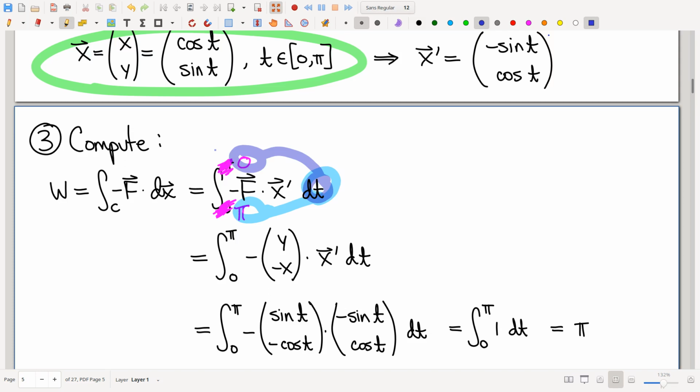You don't need to preserve your parameterization and account for going the opposite direction by invoking these ideas of time going backwards. Completely unnecessary.